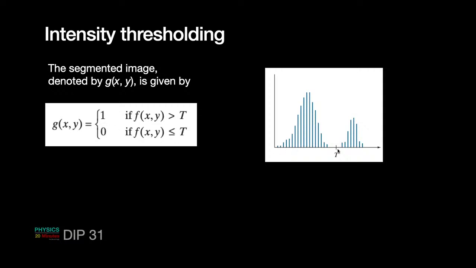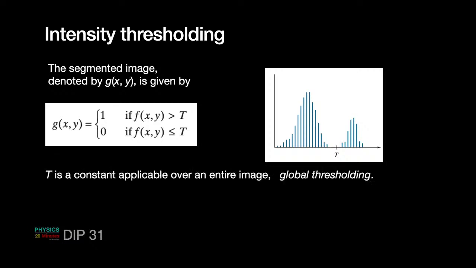So this is a grayscale image at the input, but at the output you get a binary image, either 1 or 0. So you will get intensity thresholding happening. Okay, so t is a constant.